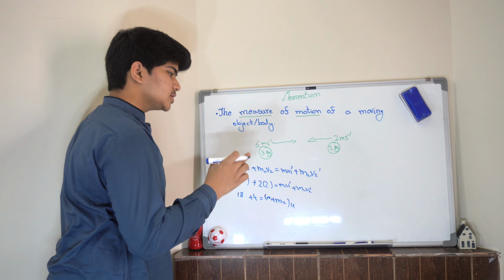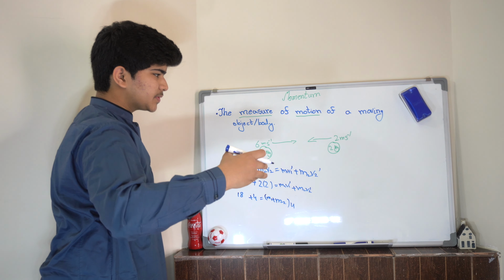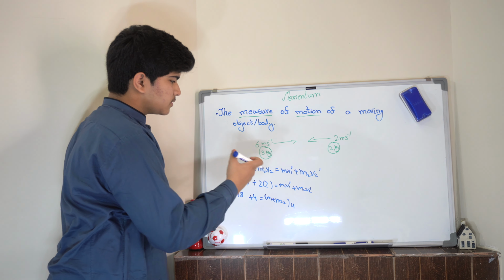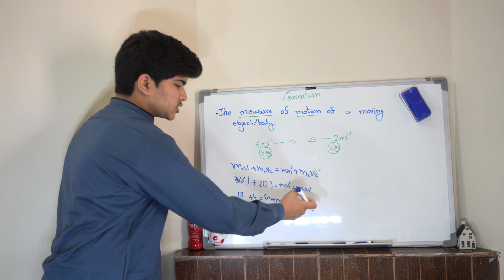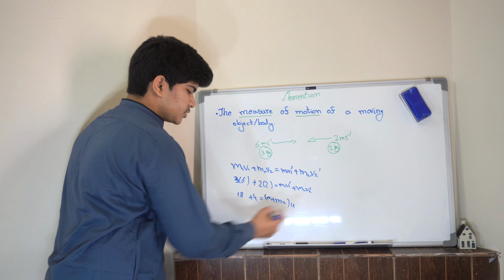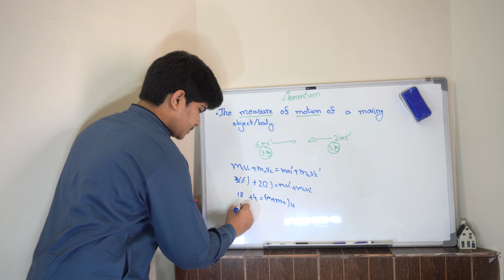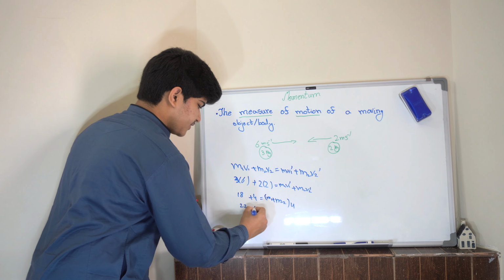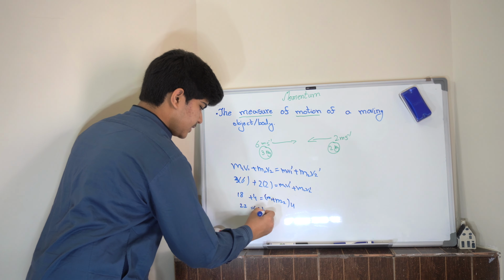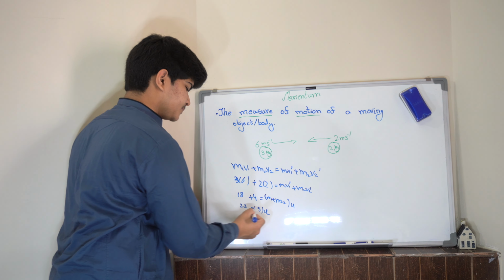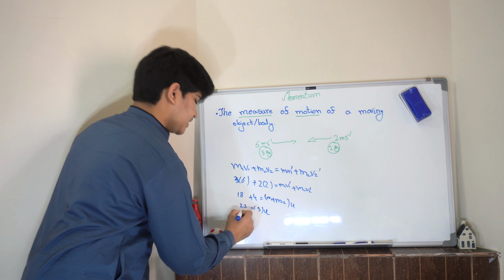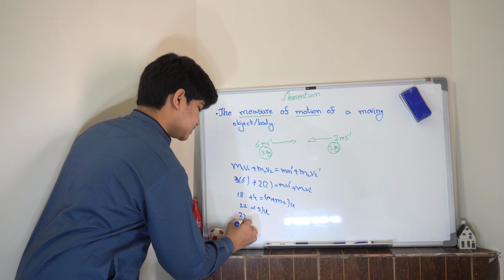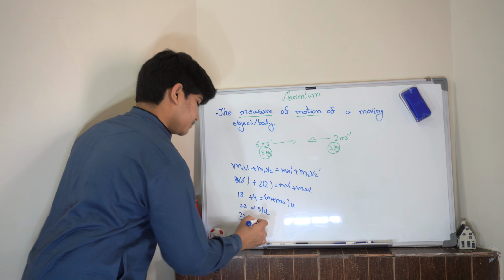The question doesn't provide us with the velocity of both of the bodies after they have collided, so we are going to take them as common and put the variable u. So this is going to be 22 and over here we are going to put 3 plus 5, and u. So we're going to divide 22 by 5, basic rule of maths, and we're going to get u.